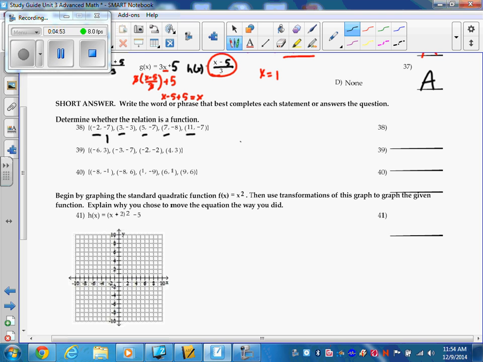Now let's examine the y values: negative 7, negative 3, negative 7, negative 8, and 7. One thing we could do is graph this. Negative 2, negative 7 on a graph would be in the third quadrant, but it would not be vertical to any of the other points. I encourage you to graph this on a coordinate plane and use the vertical line test. Stop the video if you need to, but you should be able to see that this is a function.